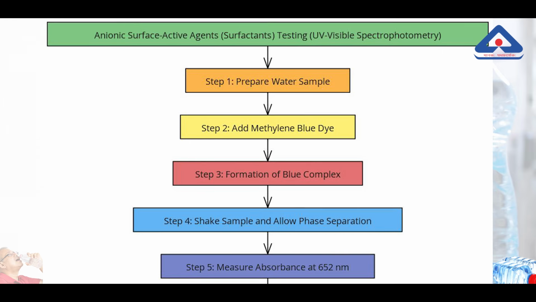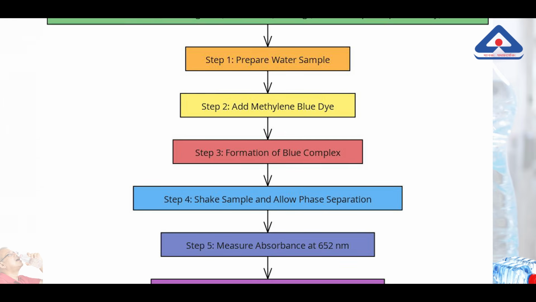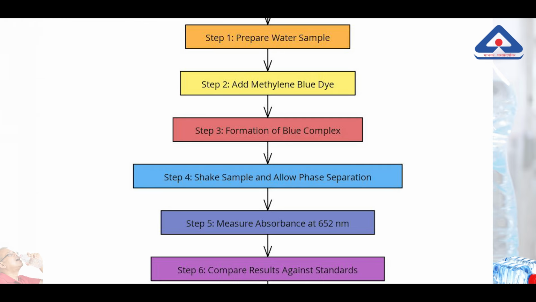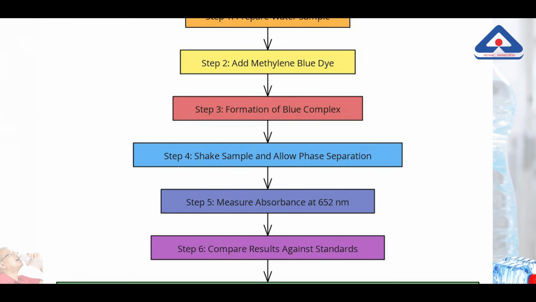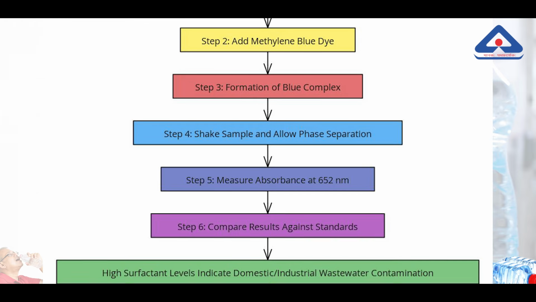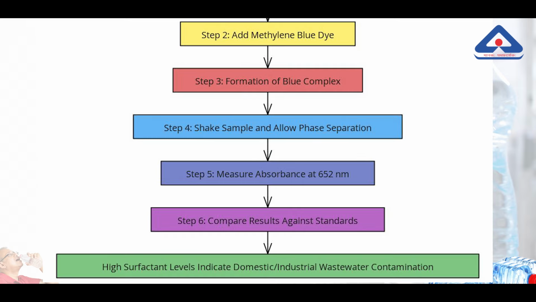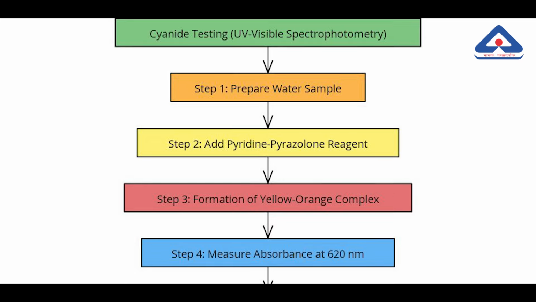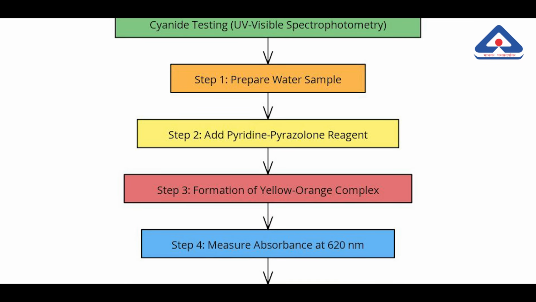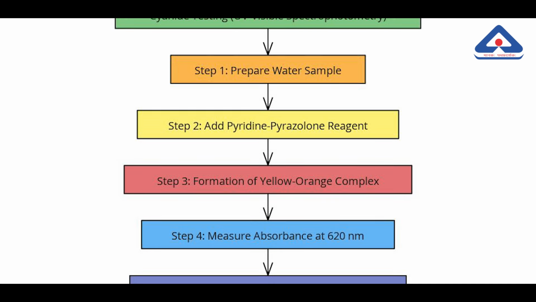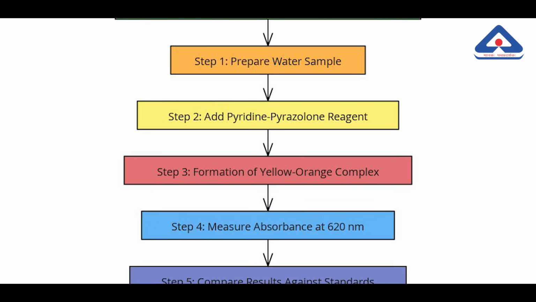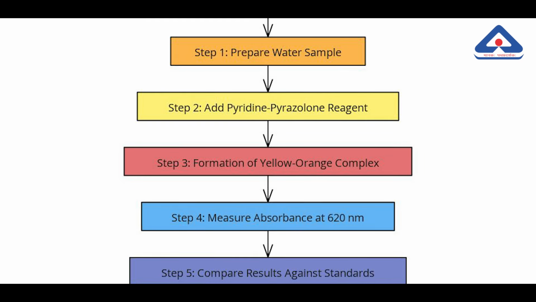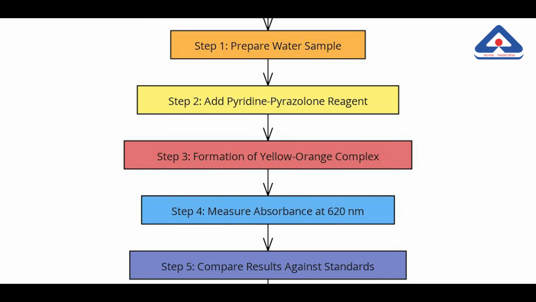Anionic surface active agents, like detergents, are tested using methylene blue. After forming a blue complex, the absorbance is measured at 652 nanometers. Cyanide. Cyanide testing involves a reaction with pyridine pyrazolone to produce a yellow-orange color. Absorbance is recorded at 620 nanometers.